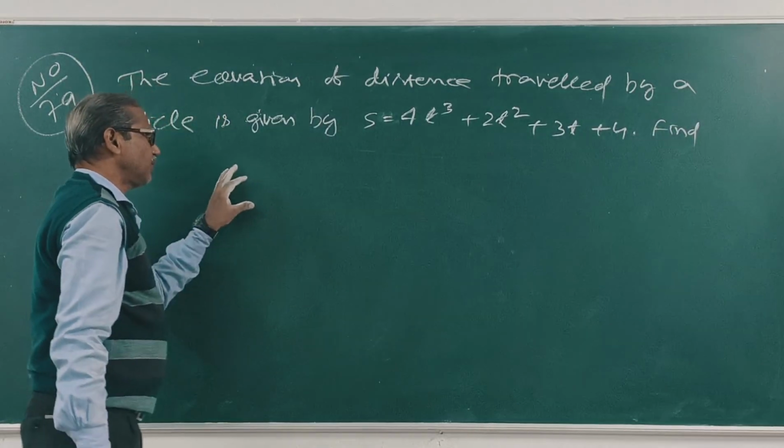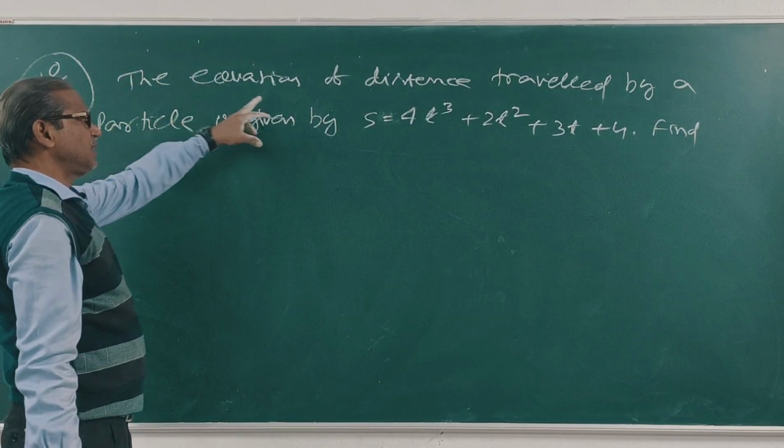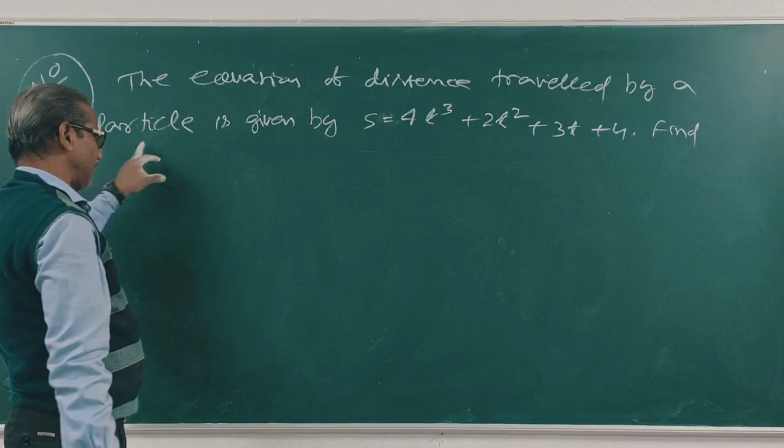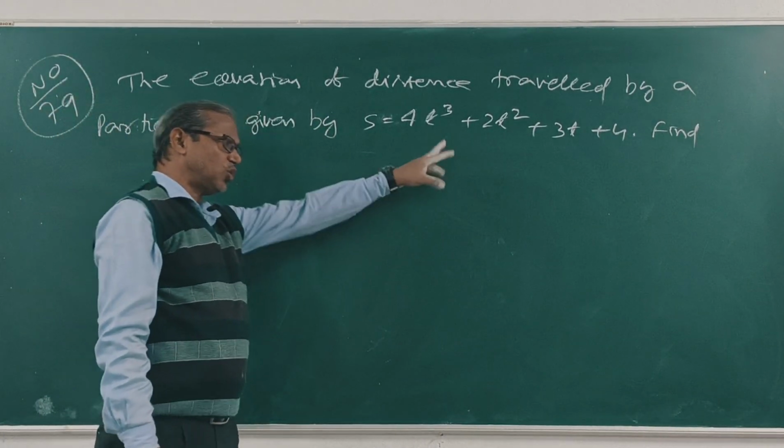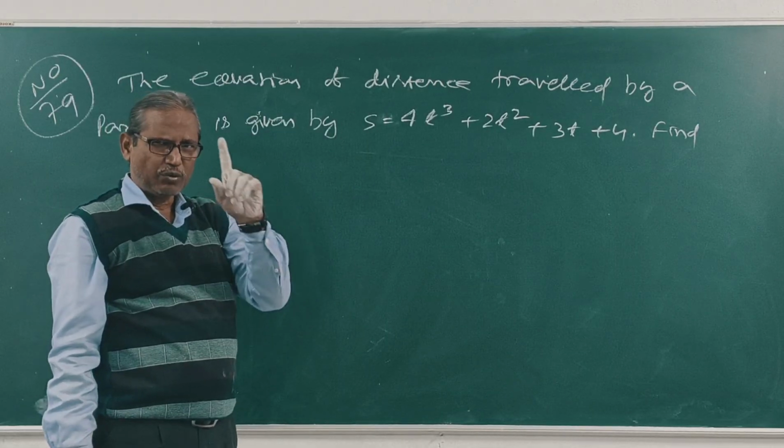This is question 79. The equation of distance travelled by a particle is given by s = 4t³ + 2t² + 3t + 4.